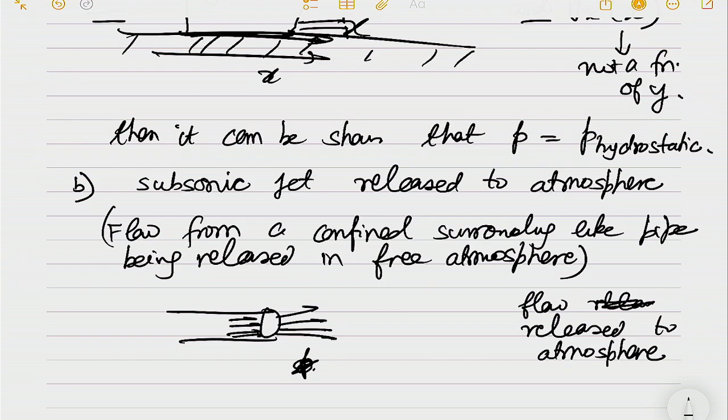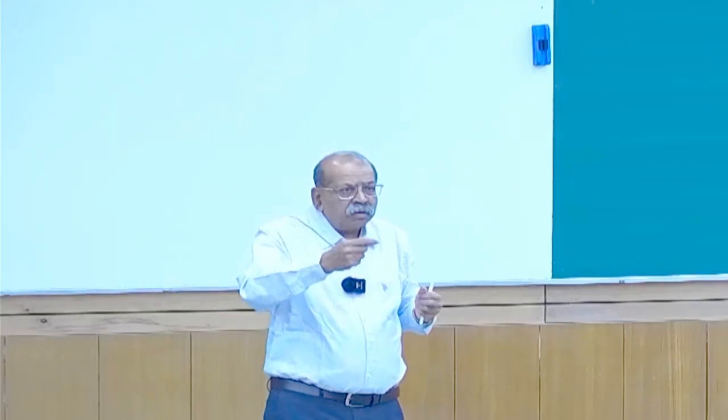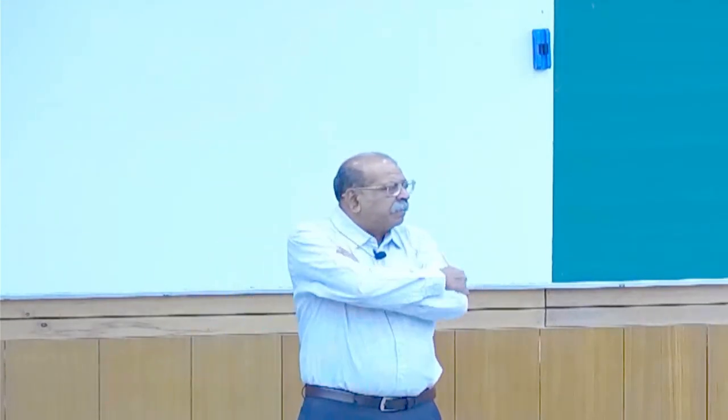Here I have put a condition, subsonic, which means that the flow velocity should be less than the speed of sound. Now, do we have an example of this type of flow?